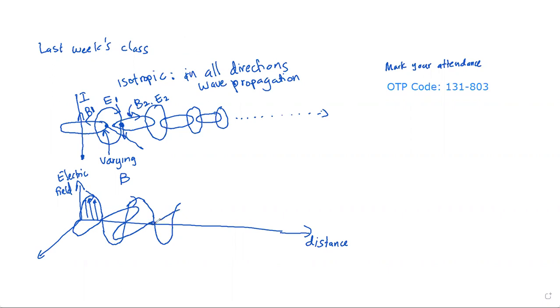So I can draw like this, the magnetic field. So I draw with these arrows the magnitude of the magnetic field and the magnitude of the electric field.